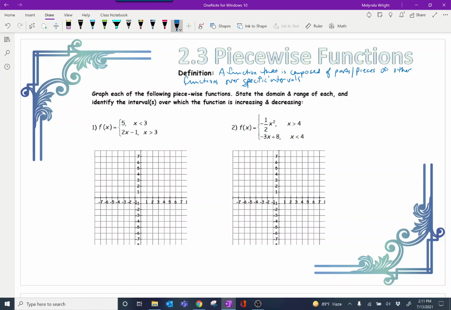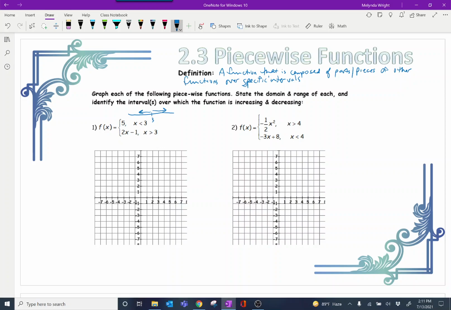All right, well, let's take a look at our first one and we'll explore that. Let's think about it as a number line. We've got 3, and when x is smaller than 3, going this way, the y value is going to be 5. And when x is bigger than 3, going this way, the y value is going to be 2x minus 1.